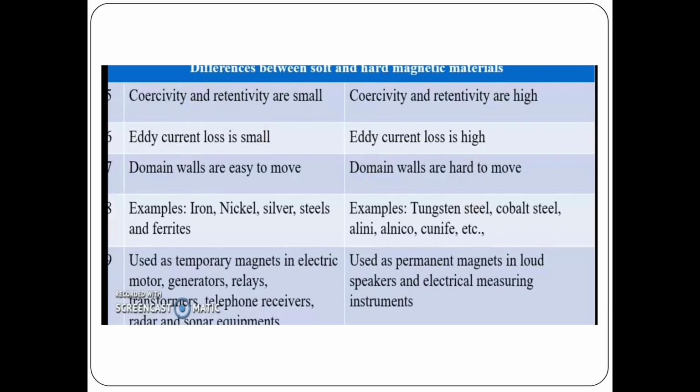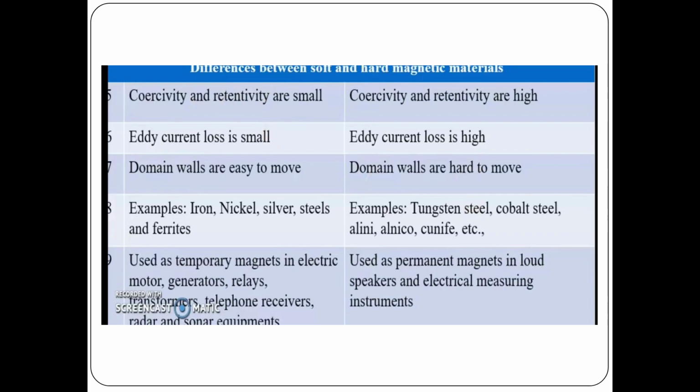The coercivity and retentivity are small in soft magnetic materials, but high in hard magnetic materials. The eddy current loss is small in soft magnetic materials, whereas in hard magnetic materials it is high. The domain walls are easy to move in soft magnetic materials, but hard to move in hard magnetic materials.